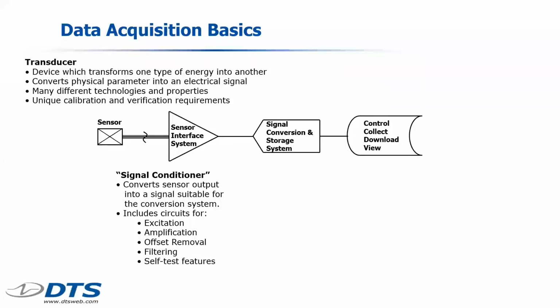But fundamentally, it converts a sensor output into a usable signal that can be stored for later processing. The key circuits in a sensor interface are an excitation source, which is a fancy term for power supply, and amplification, because signals are small and need to be increased in amplitude.